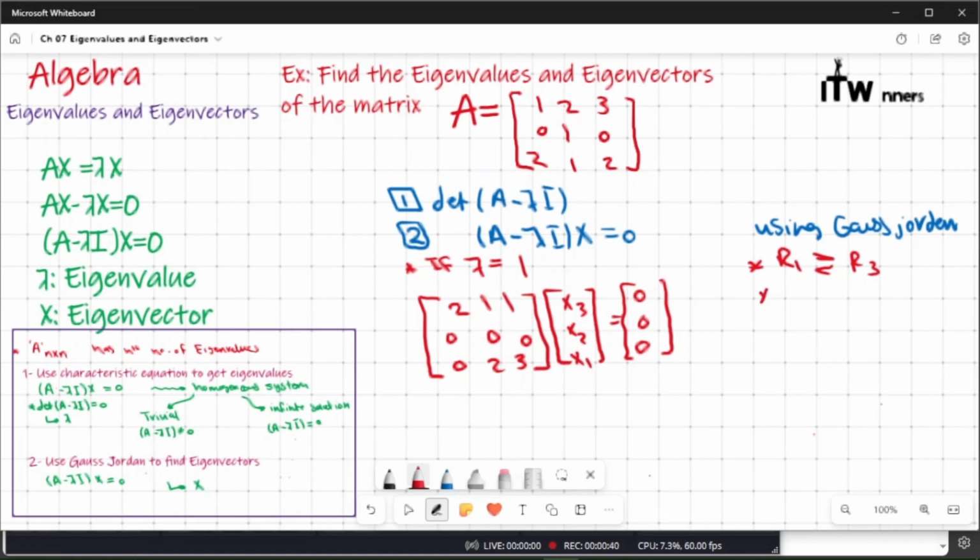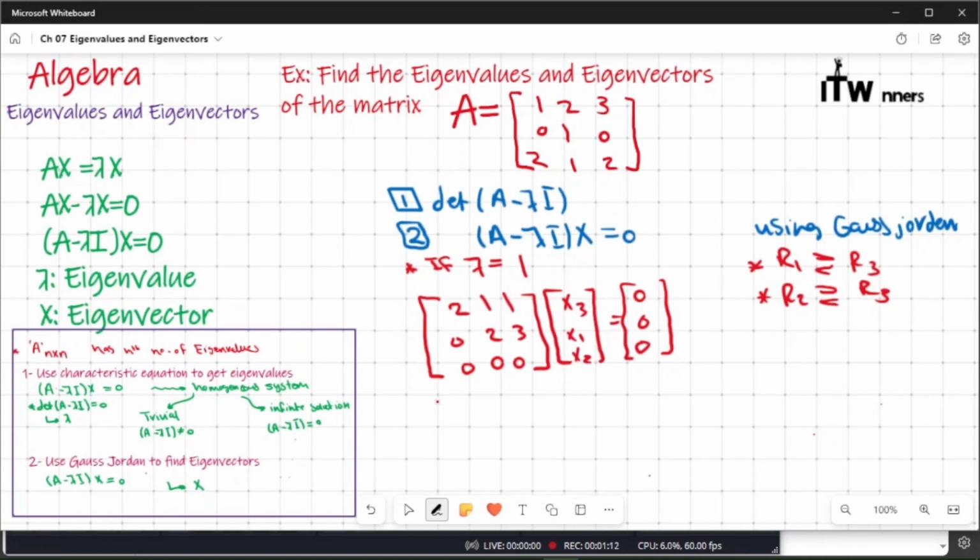The next one is to replace the second again by the third, so you will have 0, 2, 3, and 0, 0, 0, with x1, x2.